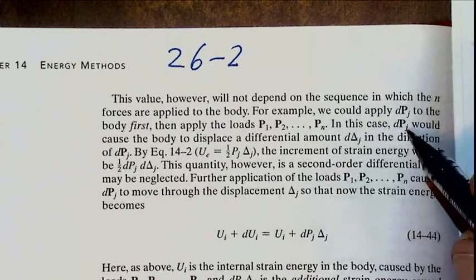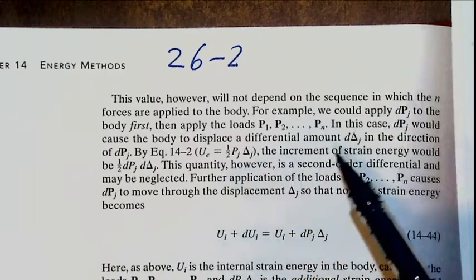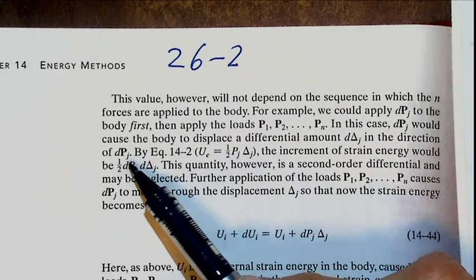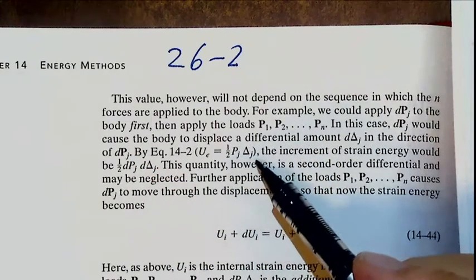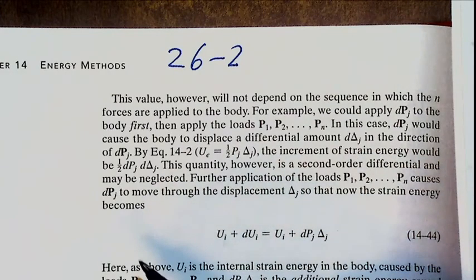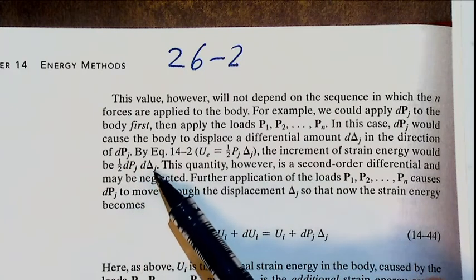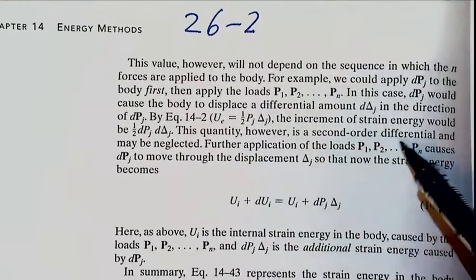In this case, dP sub j would cause the body to displace a differential amount d delta j in the direction of dP sub j. That is a change of the load. And this equals 1/2 P sub j delta j. The increment of strain energy would be this amount, half dP sub j, that is a load change, d delta j. This quantity, however, is a second order differential.